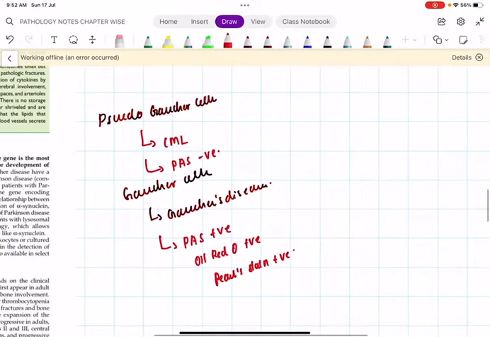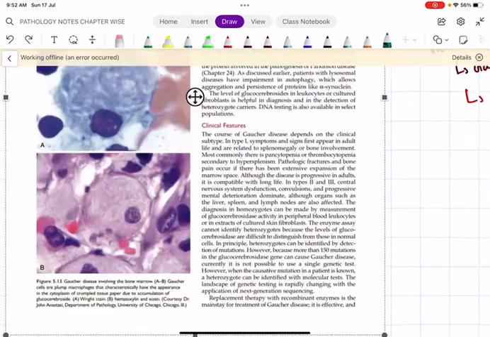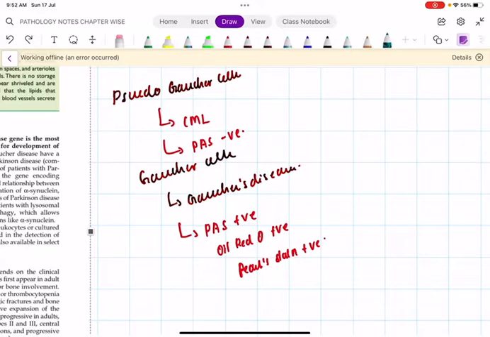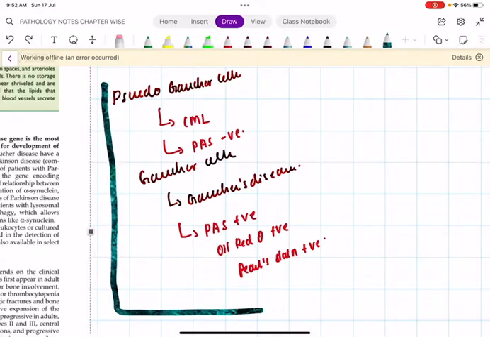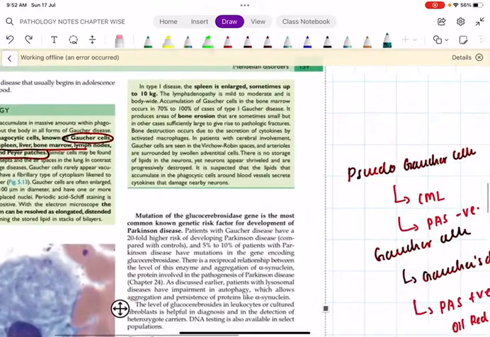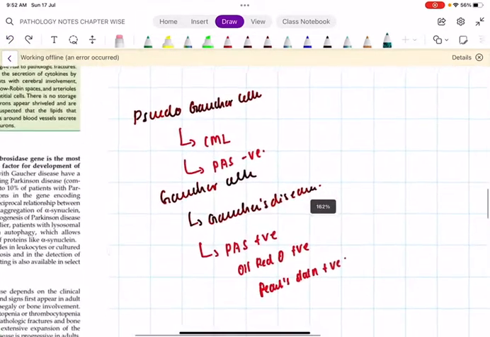This is how we have to differentiate between Gaucher cells and pseudo-Gaucher cells.